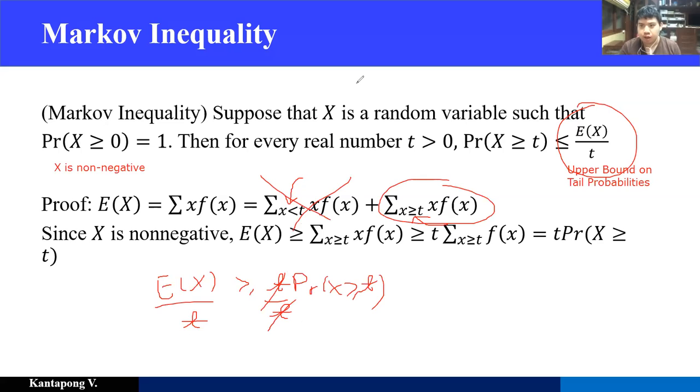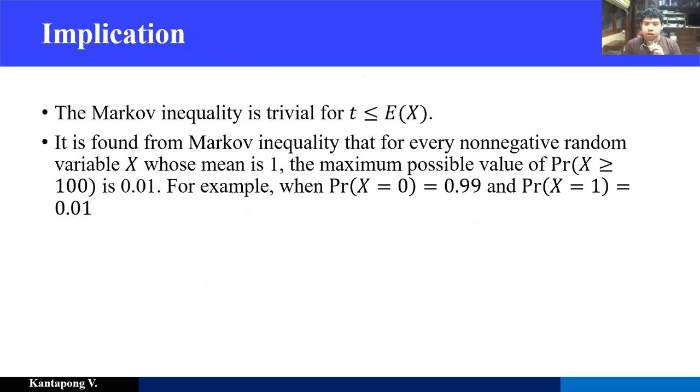Okay. So the Markov inequality, what does it say? The Markov inequality is trivial for t less than or equal to E of X, surely, okay? Because the bound is going to be 1. So nothing too fancy here. It is found that for every non-negative random variable X whose mean is 1, the maximum possible value of the probability of X greater than or equal to 100 is 0.01.